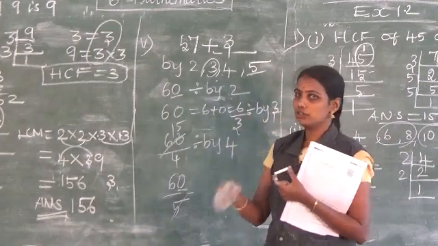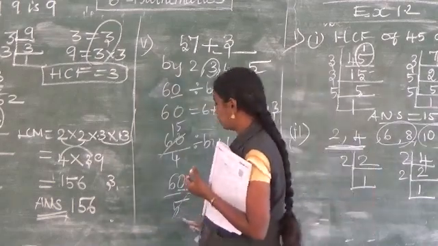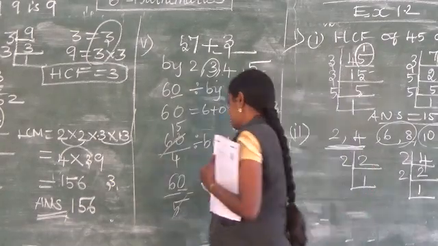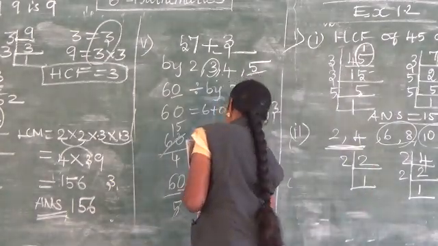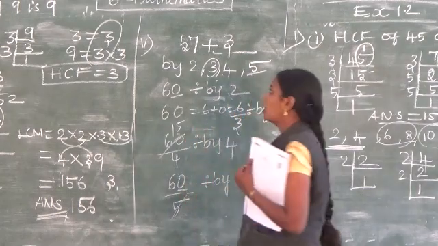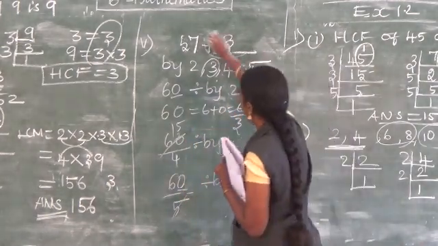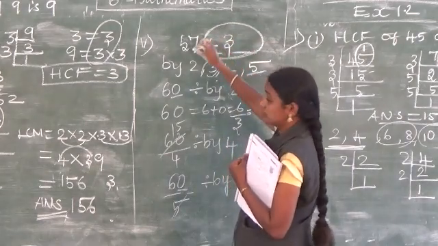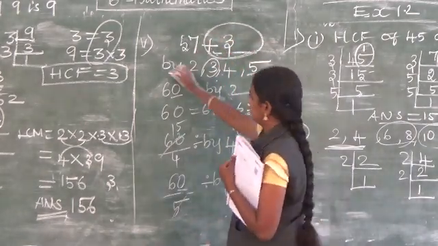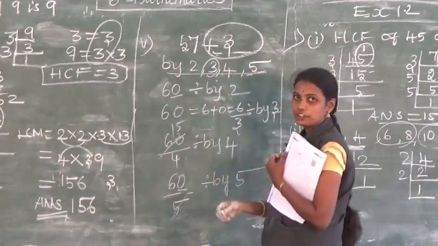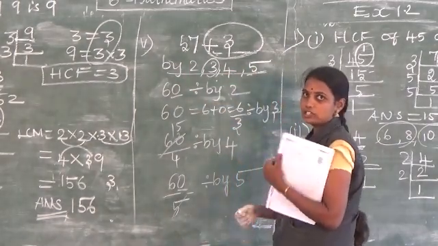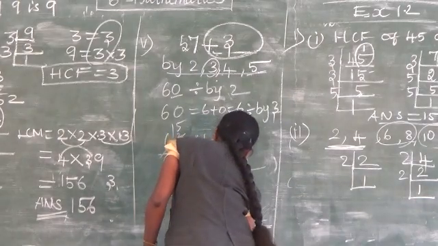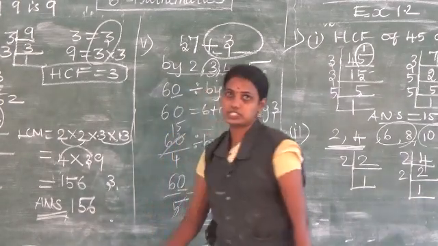So if you add 3 with 57, it is divisible by 2, 3, 4, 5. So the answer is 3. The added number is 3.